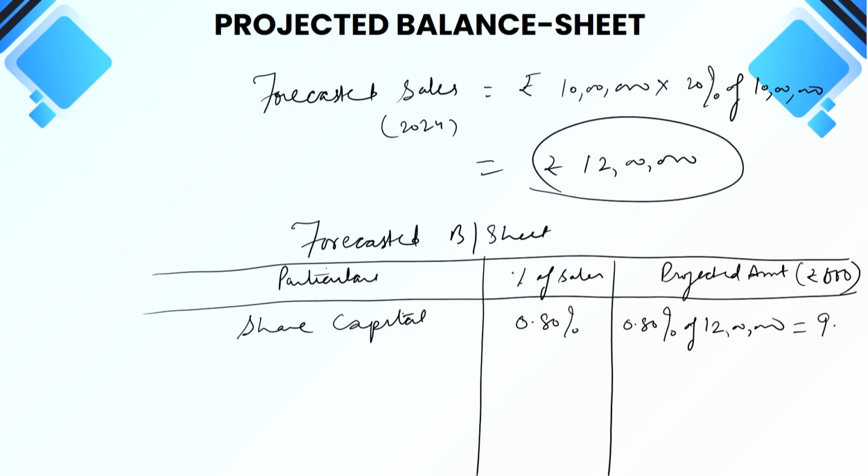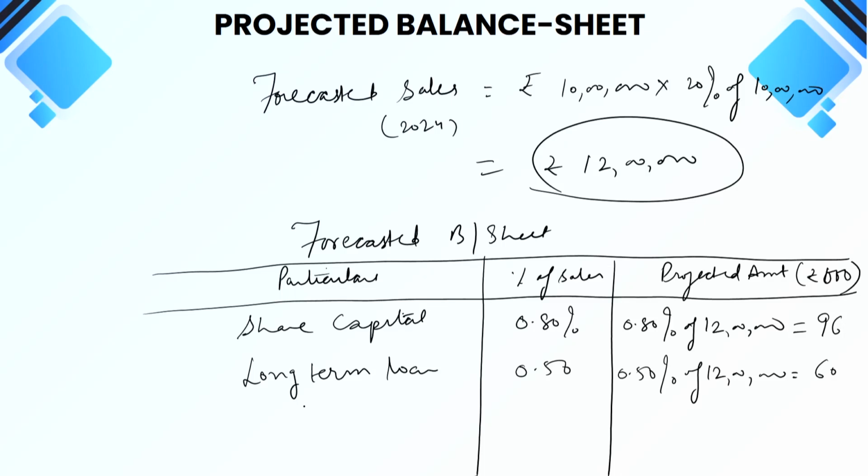We get the figure of 96,000. Then next is long-term loan. The percentage is 0.50. So we use 0.50% of 12 lakh, which comes to 60,000.